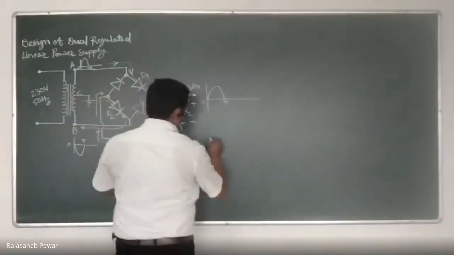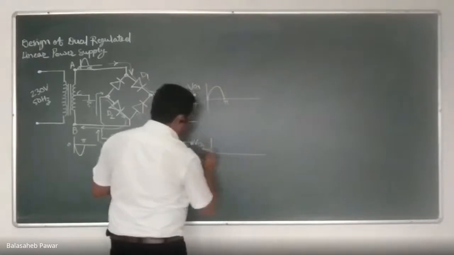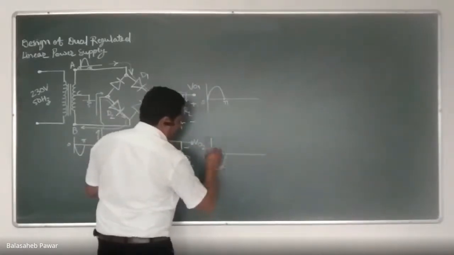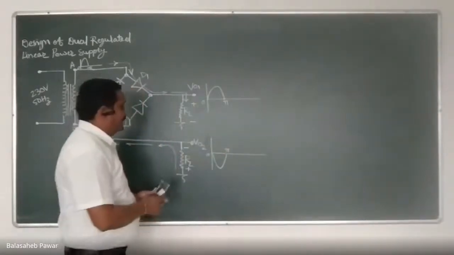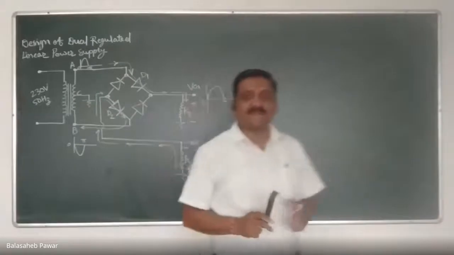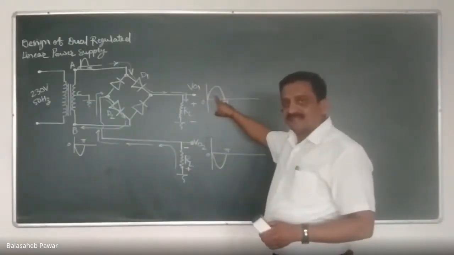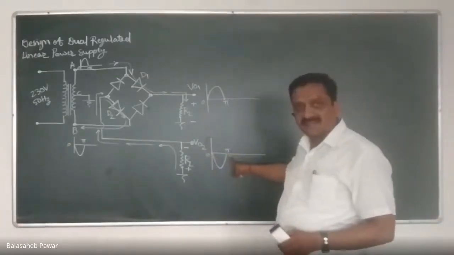So what nature of waveform will you be able to observe on CRO? As VO2, it will be the negative half for time period 0 to pi. So see what is happening for time period 0 to pi: VO1 we are getting as a positive half cycle, and VO2 we are getting as a negative half cycle, right?